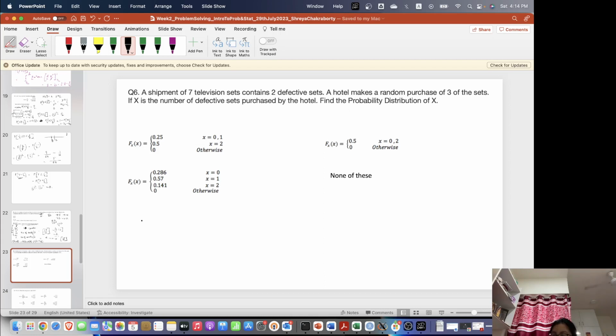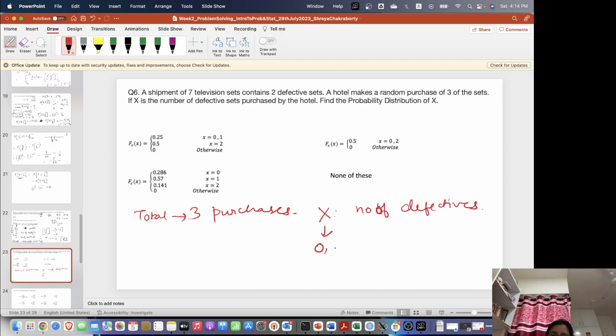So the hotel makes in total 3 purchases. So X will be the number of defectives. So X can take values 0, 1, 2, 3.